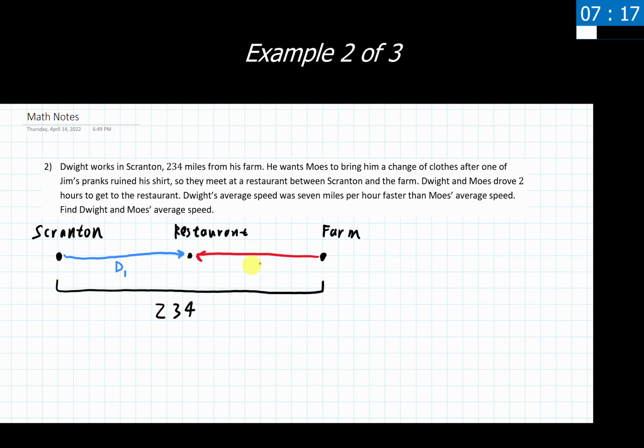I'm going to list this one as distance 2, purely to show that these two things are going to be different from one another. But what's kind of nice about this visual is I know that the distance traveled from Scranton to the restaurant and the distance traveled from the restaurant to the farm added together should give me this total of 234. So this 234 is the same as the first distance plus the second distance.